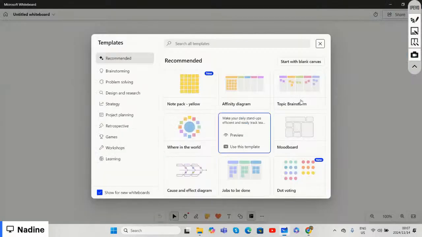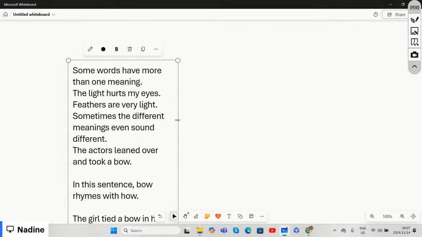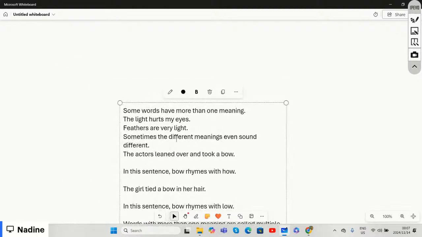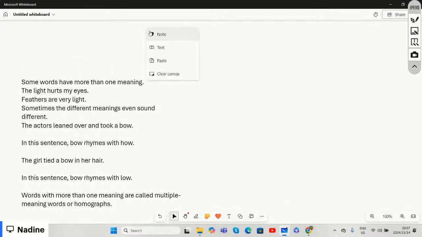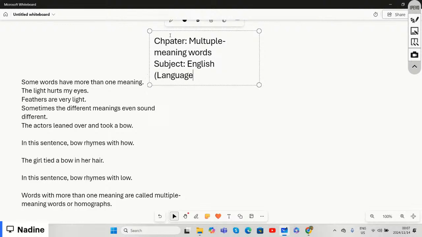All right. So our chapter is multiple meaning words. Our subject is English language arts.